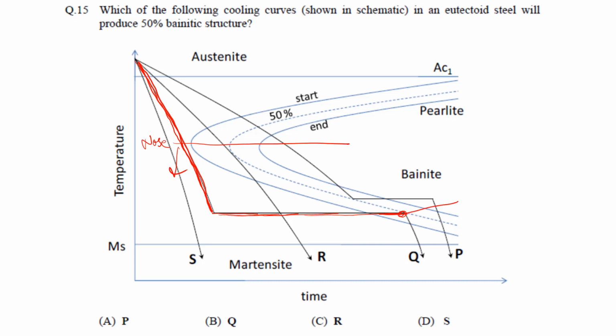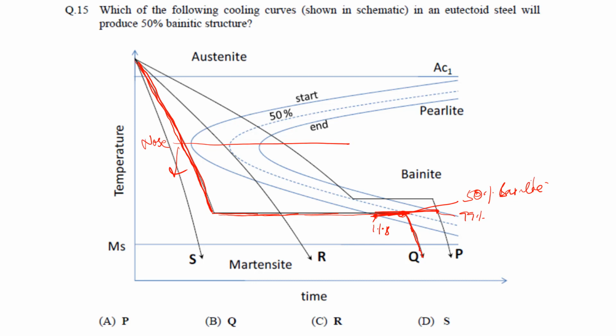This complete line shows the complete transformation. Here 1% bainite, and this will be 99% bainite, but we are holding in the middle, so it will be 50% bainite, and after that we are just cooling it, right? So it will produce 50% bainite structure.